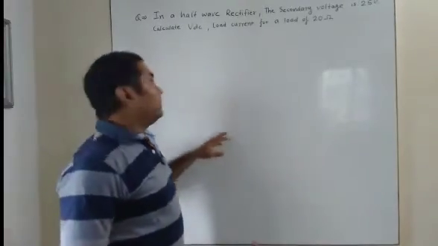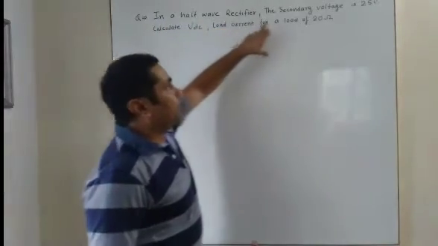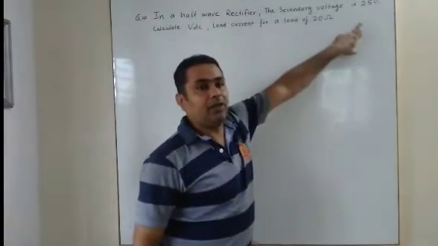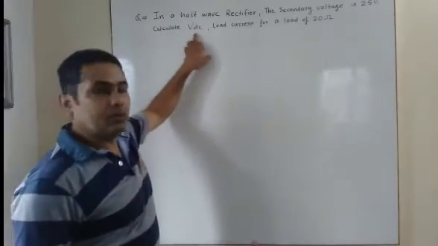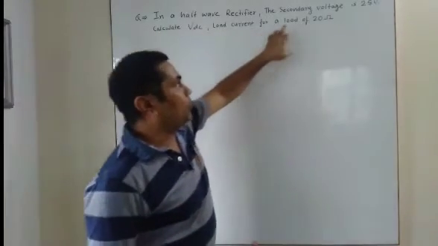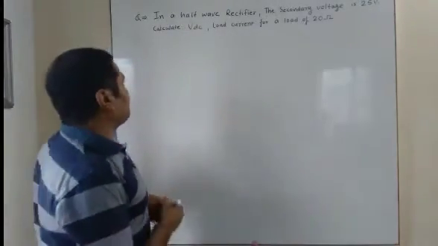In the problem, it is given that in a half wave rectifier, the secondary voltage is 25 volt. They have asked to calculate the DC voltage and the load current for the load of 20 ohms. Now this is the half wave rectifier.